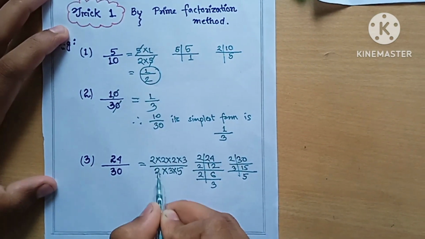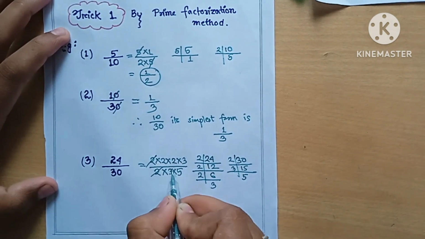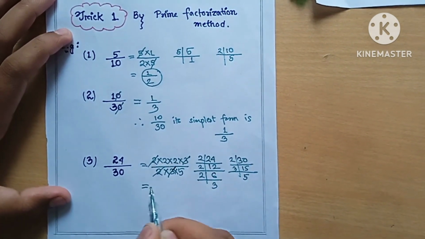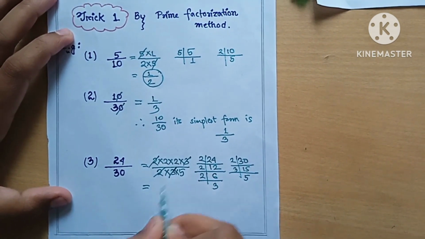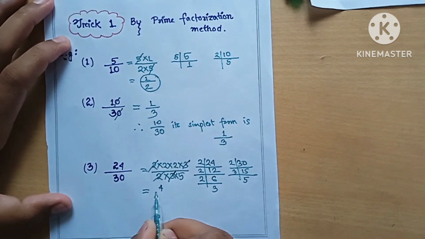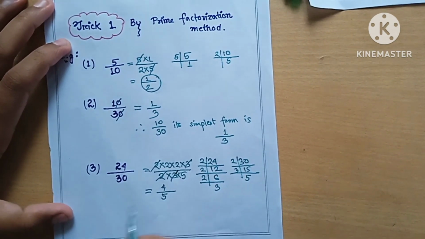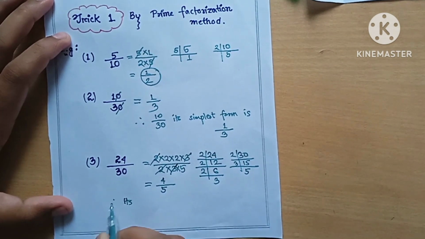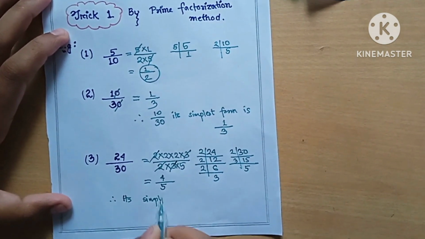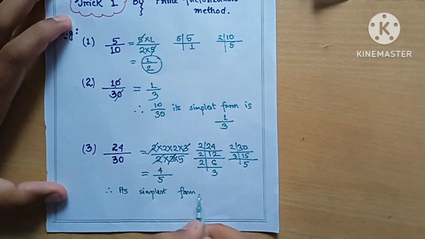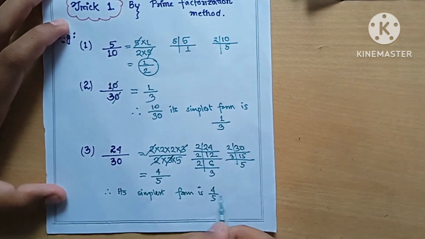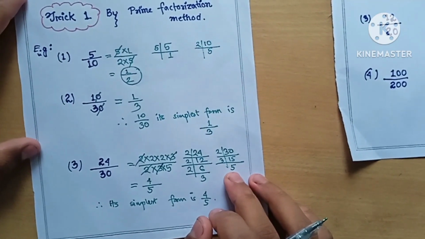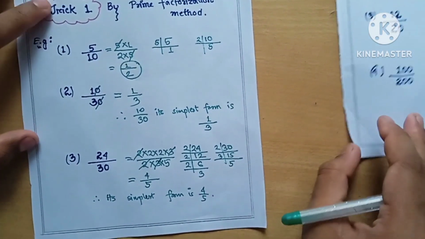Now we can cut the similar ones. What remains above? 2 into 2, which is 4, and below 5. Therefore its simplest form is 4 by 5. So students, now let's see trick number 2.